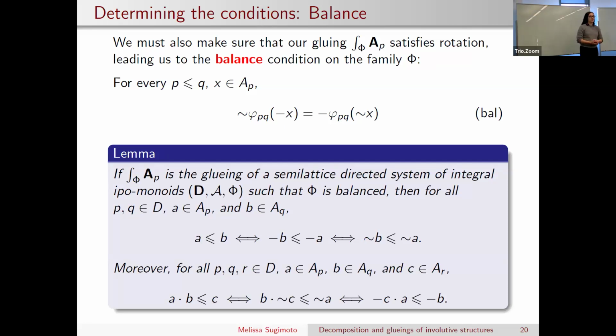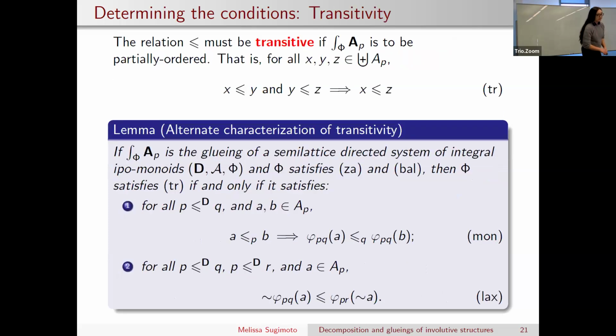There's still a few more things we need to make sure happens. For one, we know we can figure out pretty easily that the relation will be reflexive pretty much no matter what we do. But we need the relation to be transitive and anti-symmetric. So we'll try to handle transitivity, which is not a difficult condition to express.